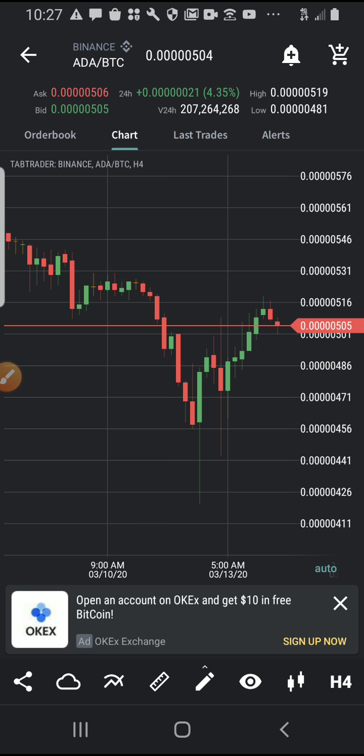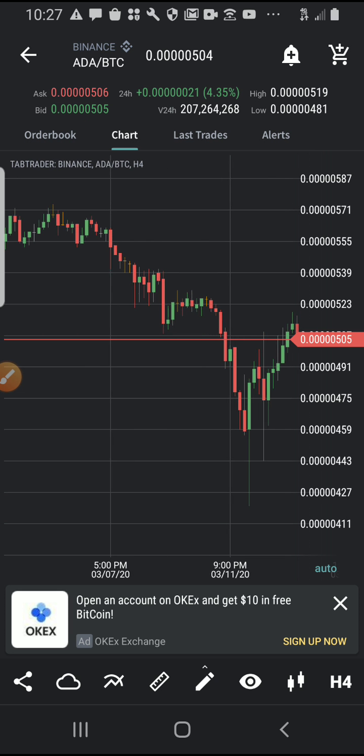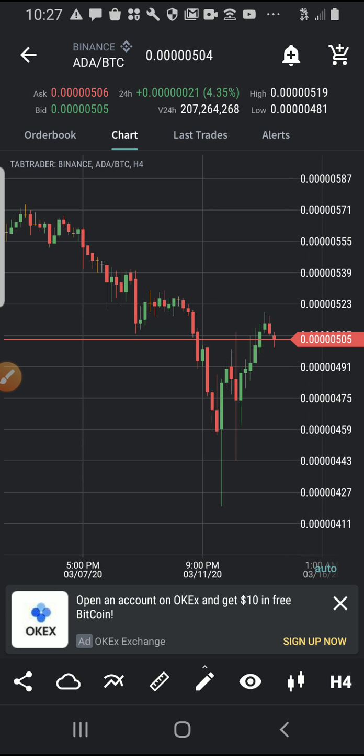When we look at these charts, we can tell that this particular price level of 513 is a resistance level. What I explained about resistance is that it hinders you from going above. Support is something that prevents you from going below.